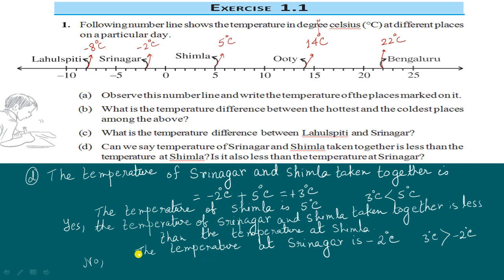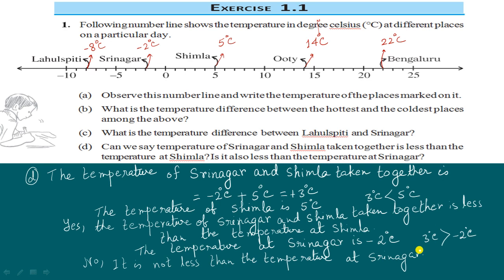Is it also less than the temperature at Srinagar? No. It is not less than the temperature at Srinagar, right?